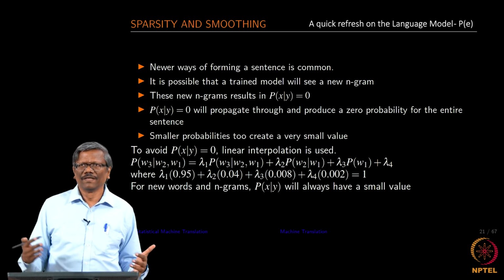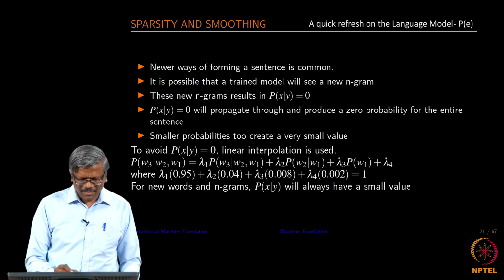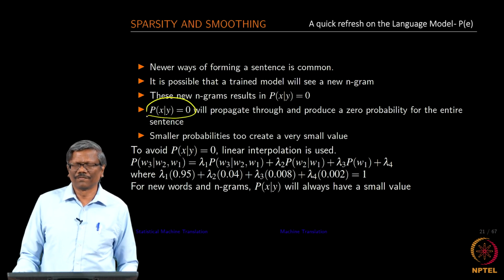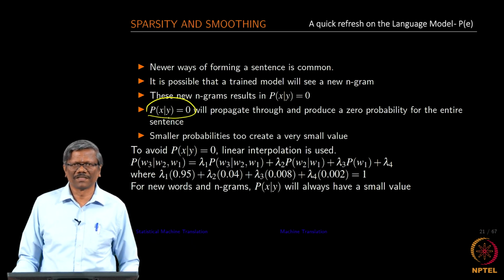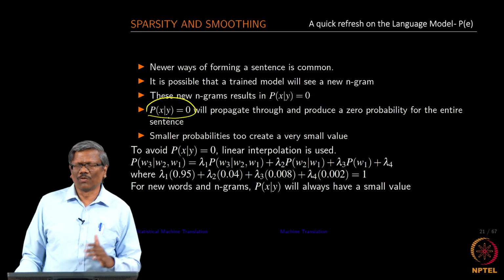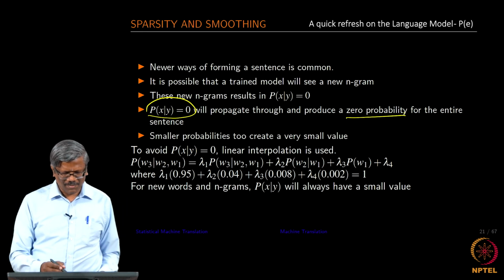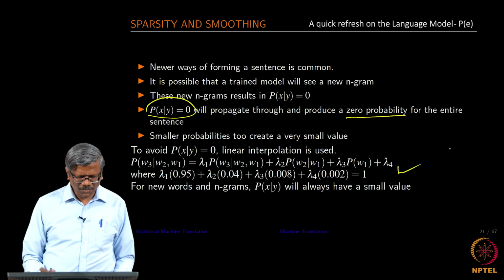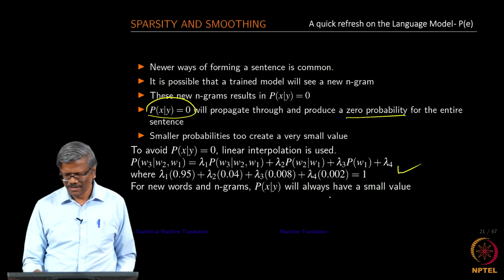So, there should be some mechanism to really smooth that. The reason why we want to have that is, if the conditional probability is 0 in one of those cases, the entire sentence would fail. So, we just want to avoid that 0 probability. So, we will try to smoothen that using some mechanism here. So, even a newer sentence in this case will have a very small value.